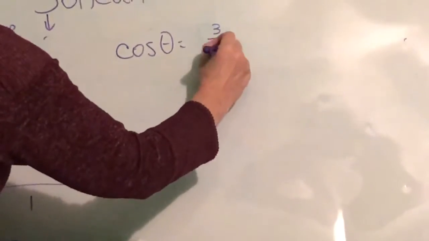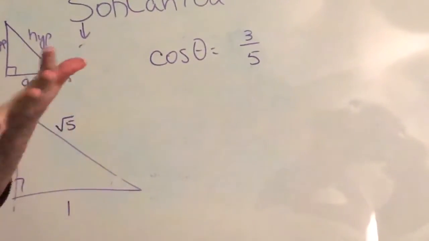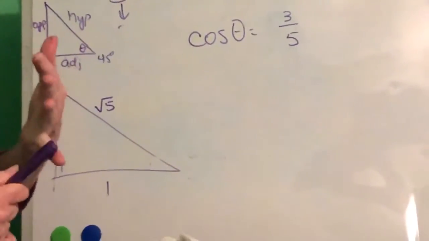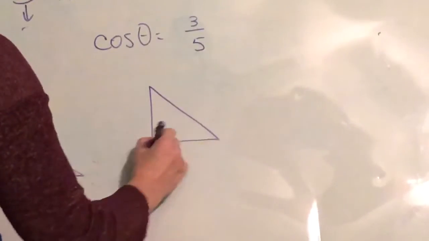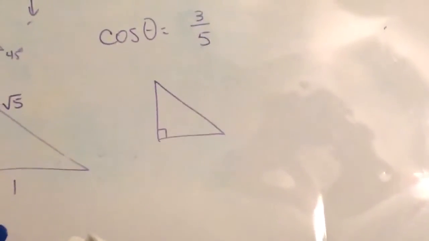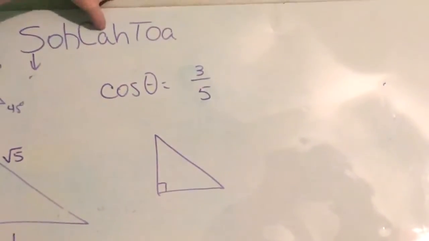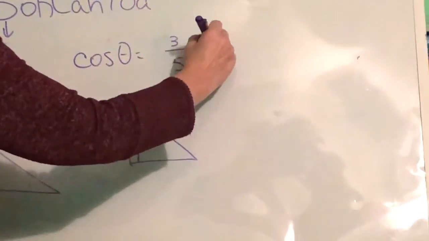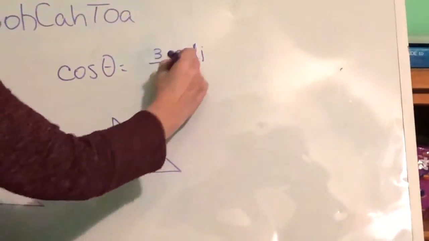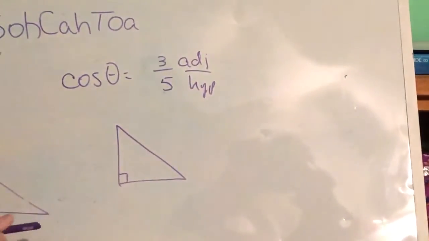Now, if I know that the cosine of theta is equal to 3/5, and it wants me to tell you what the sine is and what the tangent is, I simply have to draw my own right triangle, and I have to think about cosine. Remember, cosine is adjacent over hypotenuse, so the 3 has to represent the adjacent, and the 5 has to represent the hypotenuse.